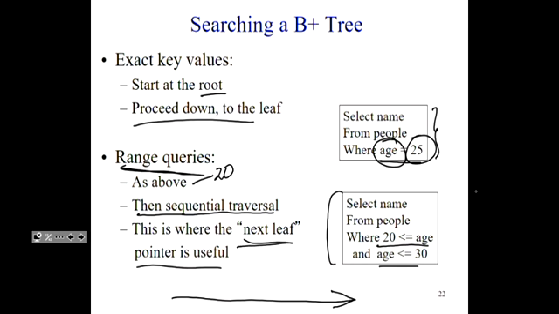Once you've gone beyond the other extreme, which is 30, you don't need to look at records any further, because you know that you're not going to find any other records that satisfy the condition. Any questions? All good? Okay.